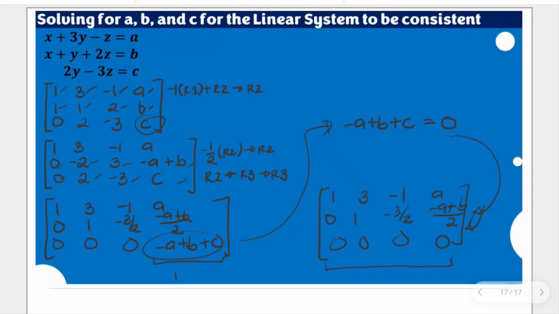This would mean you have a free variable. In that case, you will have an arbitrary variable for one of them. That means there are infinitely many solutions now because you have 0 entries for the last row. So this is the result for A, B, and C for this linear system to be consistent. Negative A plus B plus C equals 0.